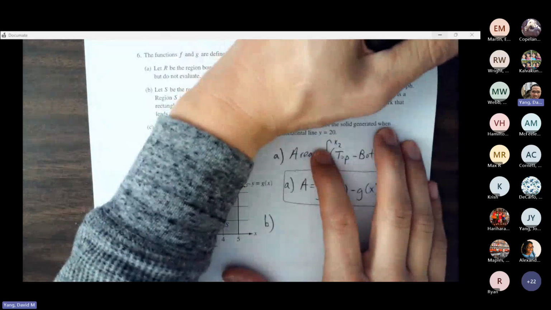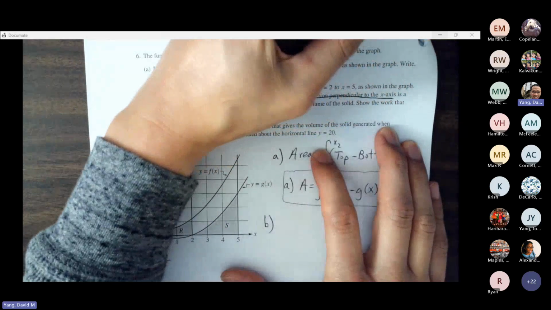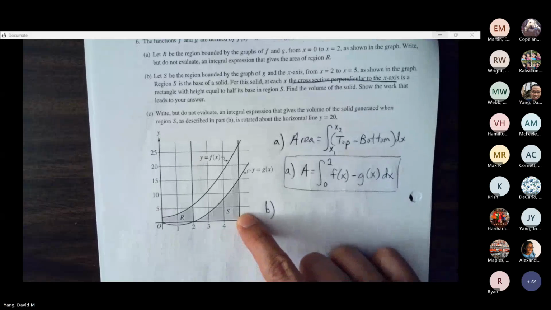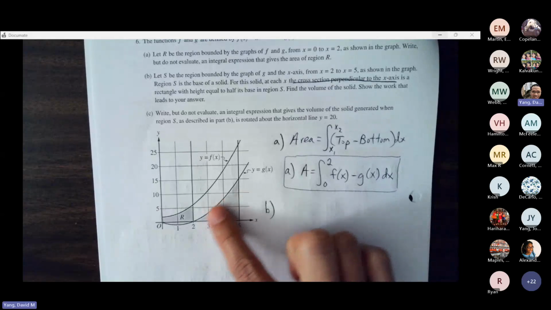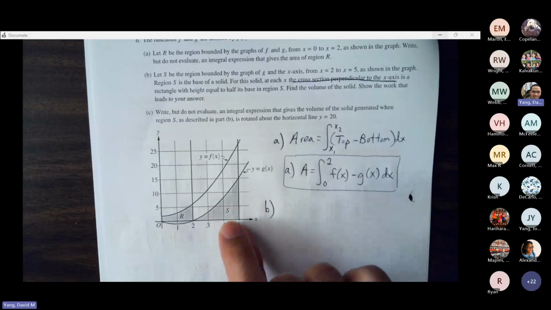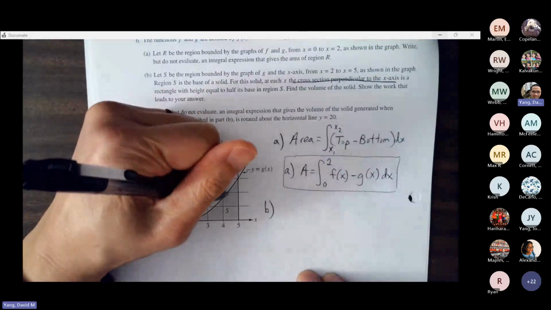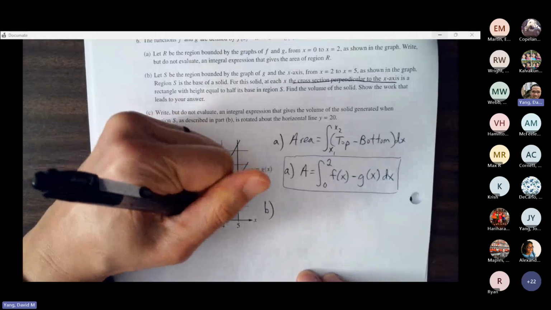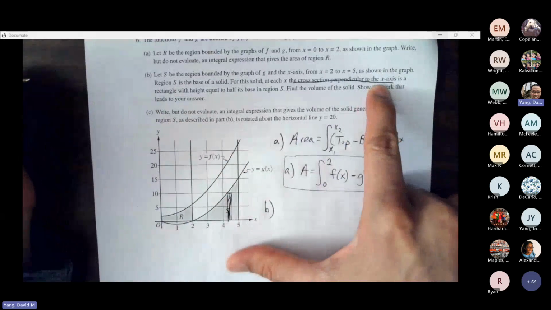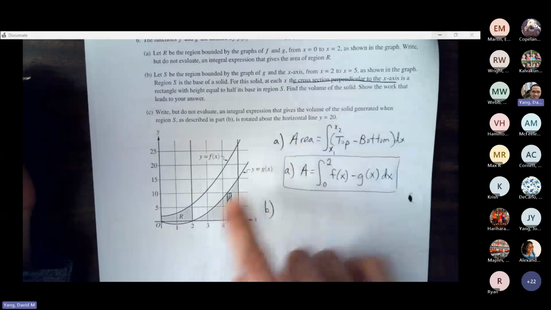So this is a cross-section problem, and in a cross-section problem, they have to tell you which direction to build your segment. So this is now the base of a solid, and we're building rectangles that are going to come out of the page, but the base length is going to be drawn vertically because it's perpendicular to the x-axis. The x-axis is horizontal, perpendicular, we now have vertical.